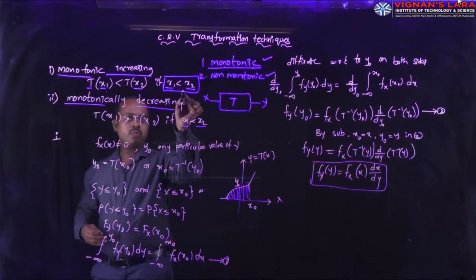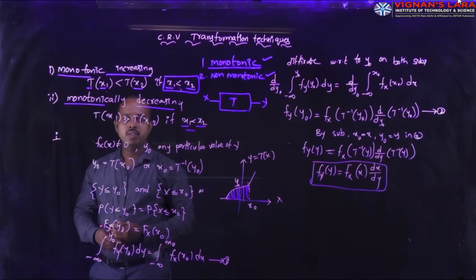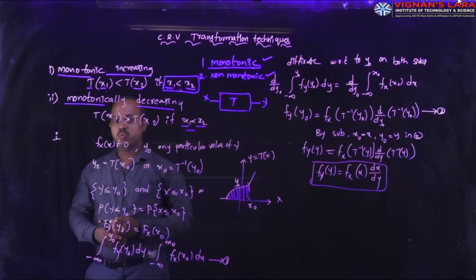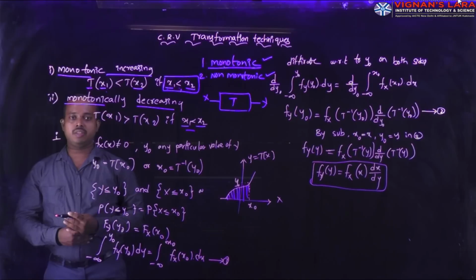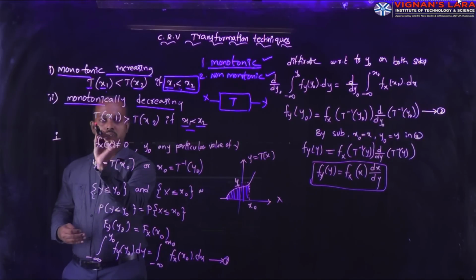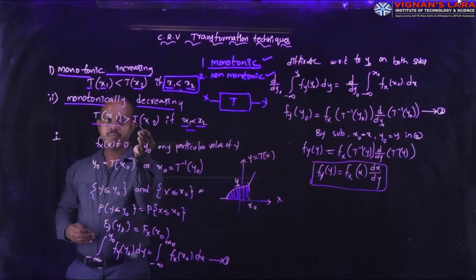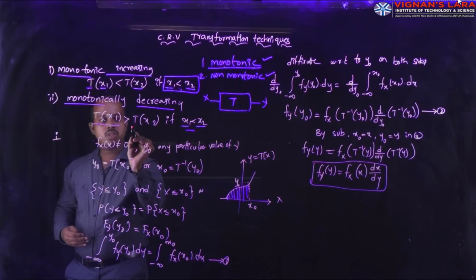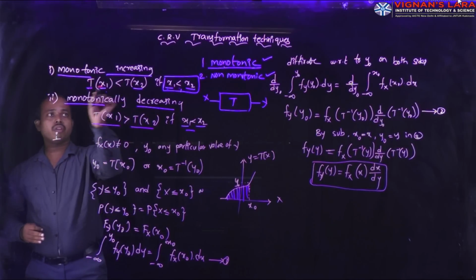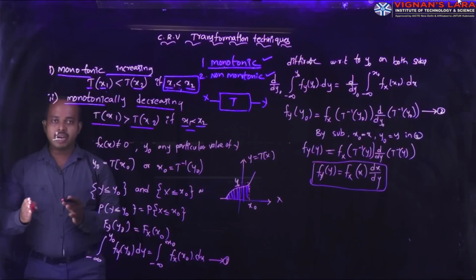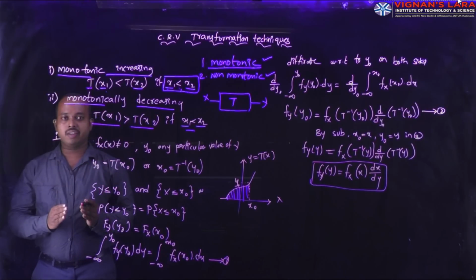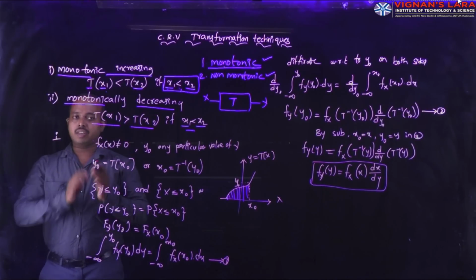The relation is the same, x1 is less than x2, but in the transformation, the transformation of x1 is higher compared to the transformation of x2. You can simply remember: monotonic increasing means the same comparison operator holds when applying the transformation.